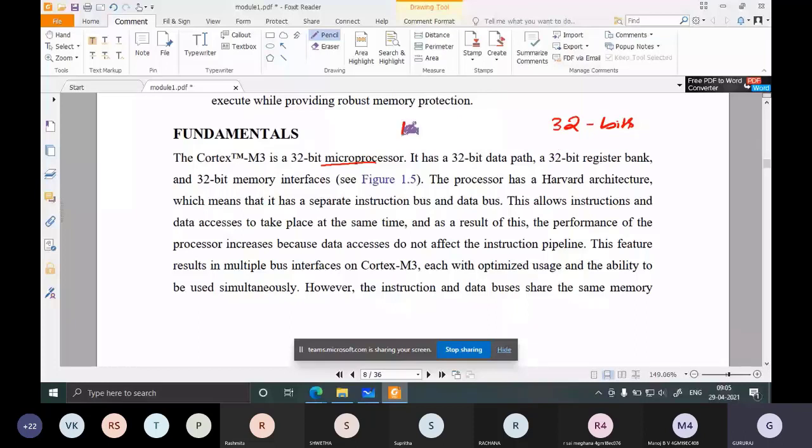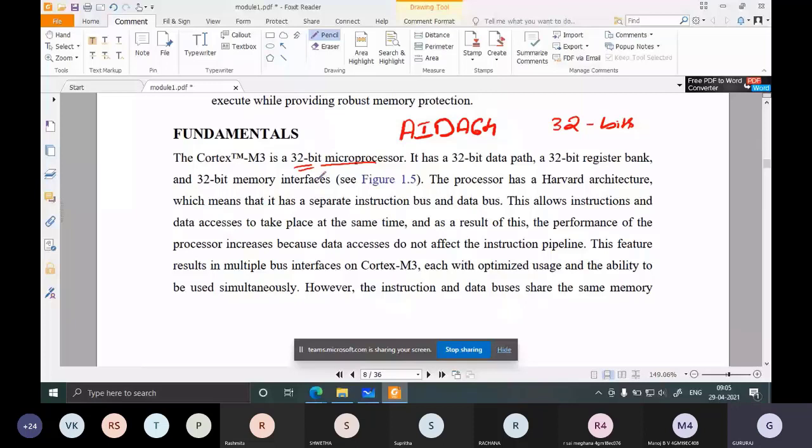Did anyone install this and try it out? Yesterday's screenshot showed that the processor in my mobile phone was 64-bit. Now this Cortex M3 we are talking about is 32-bit, so it is a lower version compared to what we have in the mobile phone.